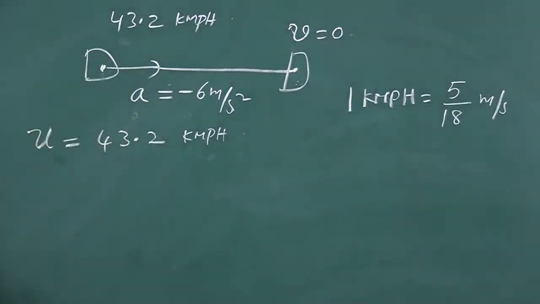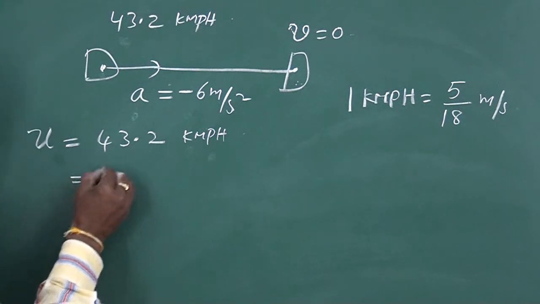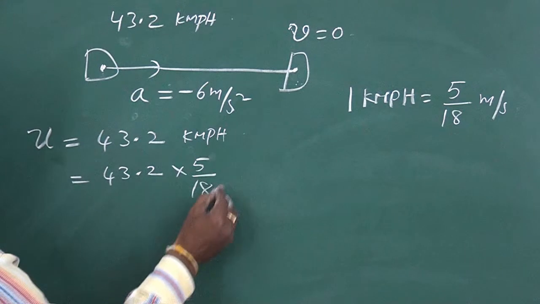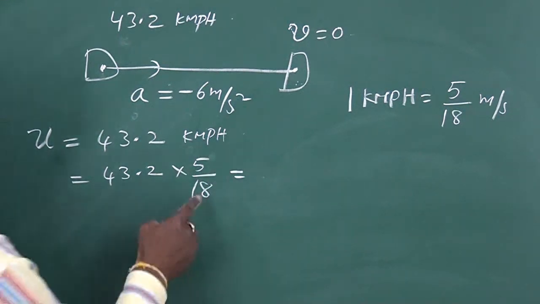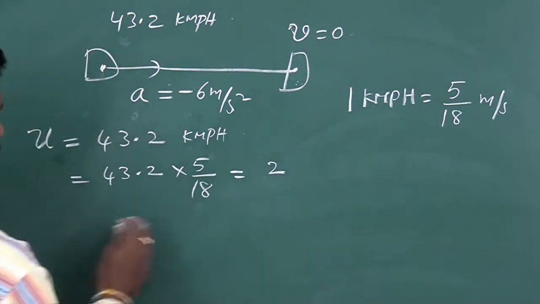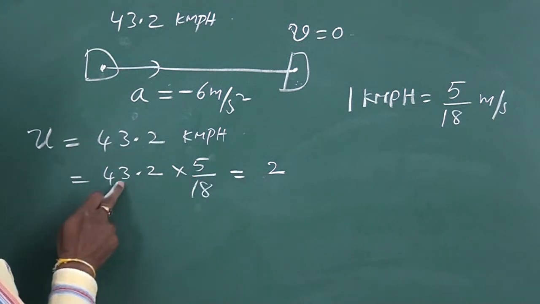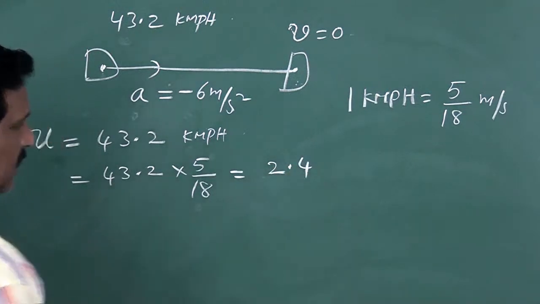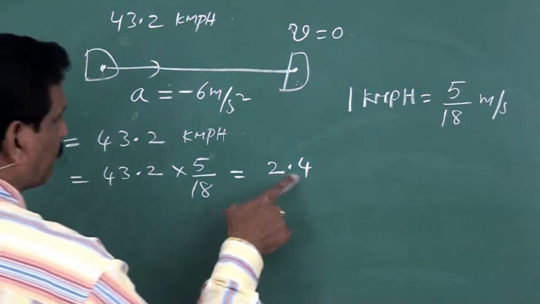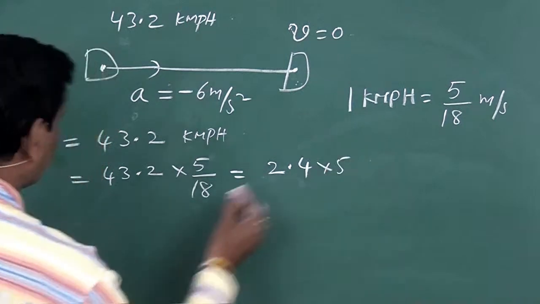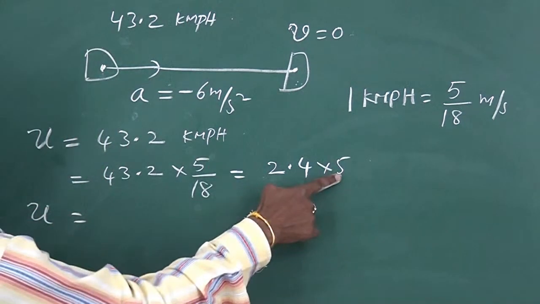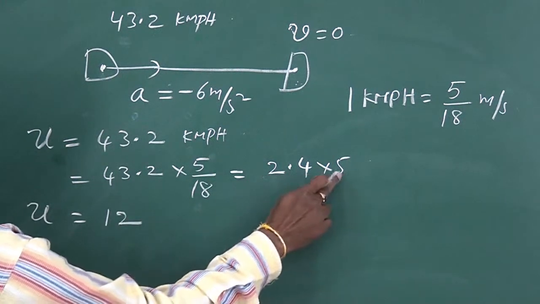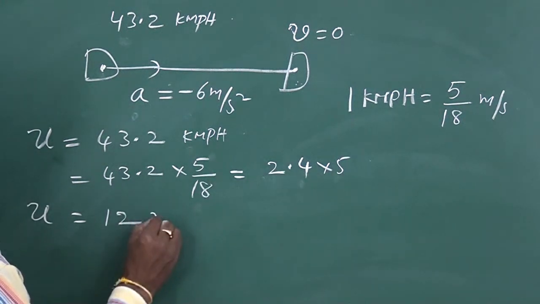So here 43.2 into 5/18 gives u equal to 12 meter per second.